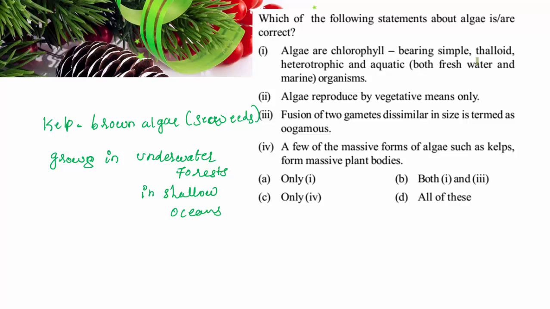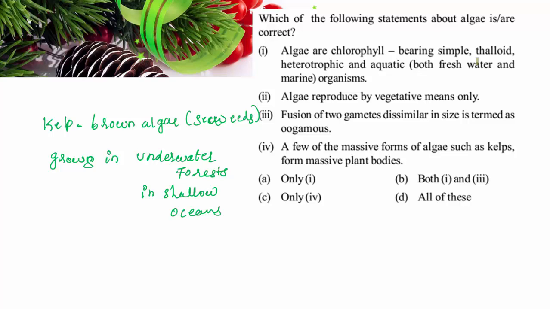Fusion of two gametes dissimilar in size is termed as oogamous. A few of the massive forms of algae such as kelps form massive plant bodies. These are the statements given with respect to algae.